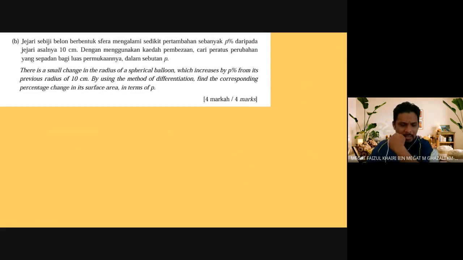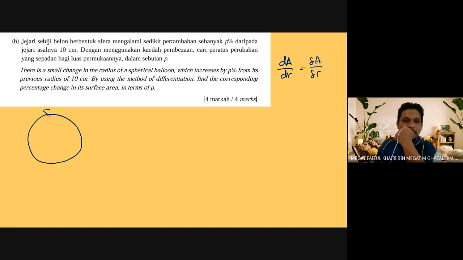Okay, this one, which I think is actually the same idea as the previous two questions just now. The changes of A to the radius, which is a small change of A, the surface, and the small change of the radius. Sphere.